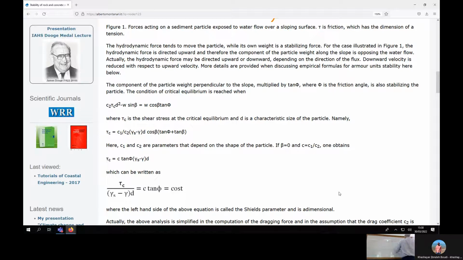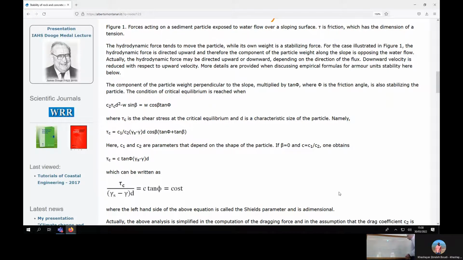And then I can write that tau is equal to W cos beta tan phi plus W sin beta divided by C2 d squared.